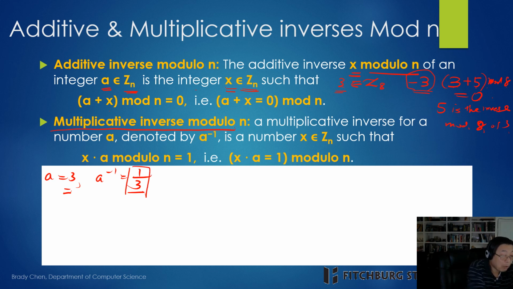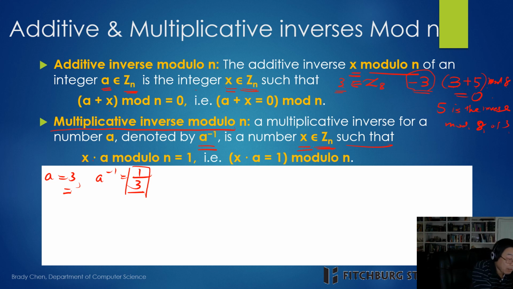In our definition of a multiplicative inverse modulo n, we still use the same notation, a to the minus 1, is a number x which belongs to Zn such that a times x modulo n is 1.